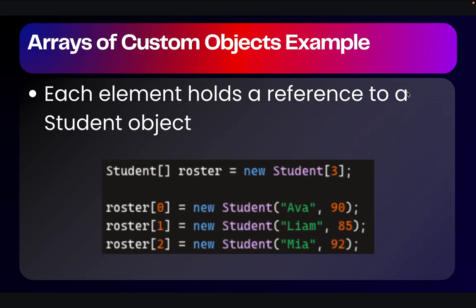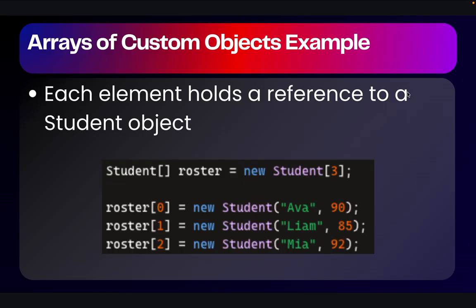So we're basically saying we want to create an array of student objects from the Student class. We're going to name this array roster, and roster is then going to hold 3 student objects. Now, that first line is creating the array, but that array in itself is empty. There's nothing in it, it's just null, completely empty.